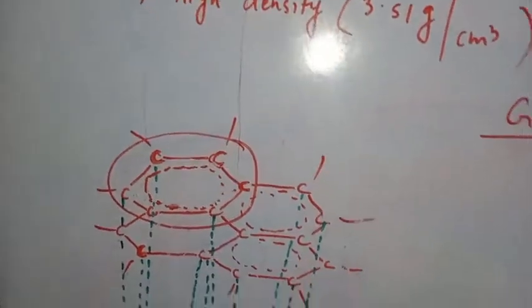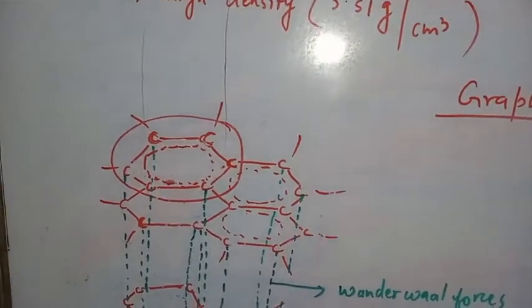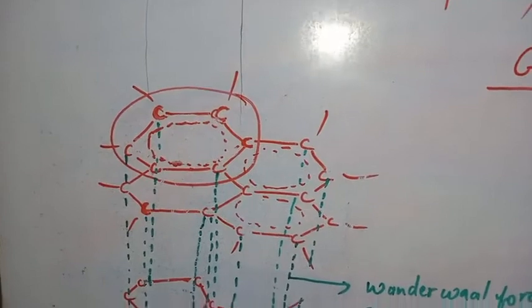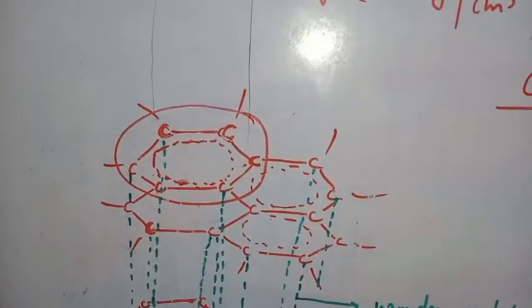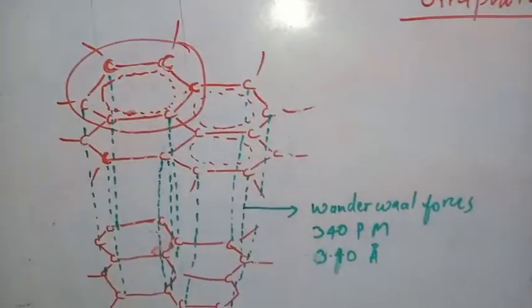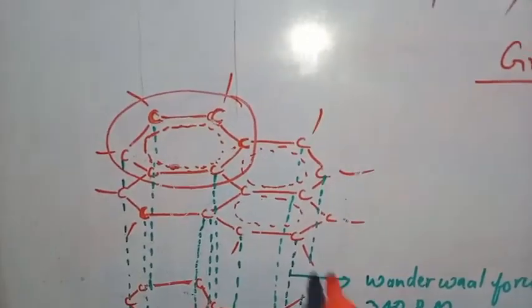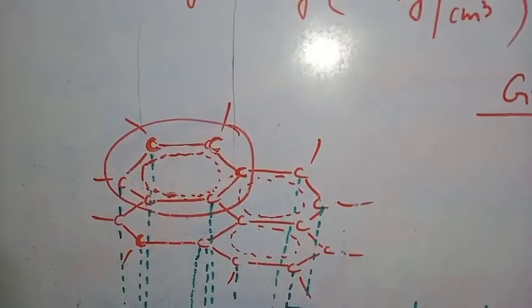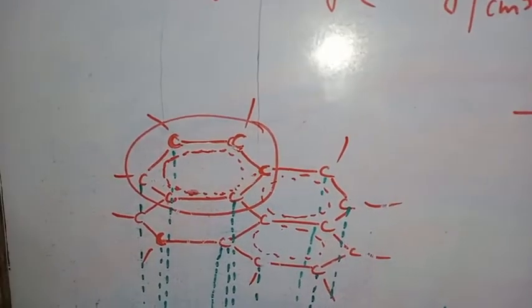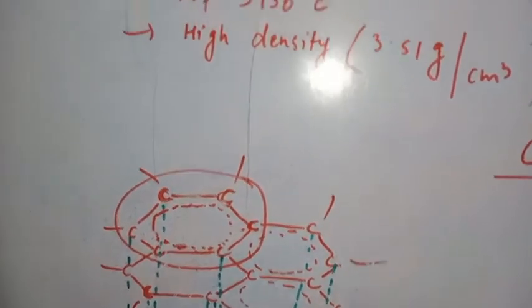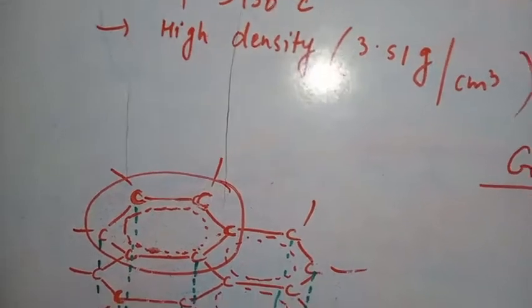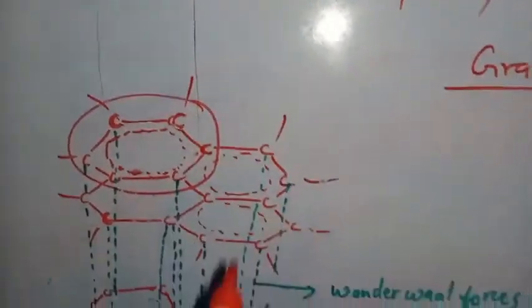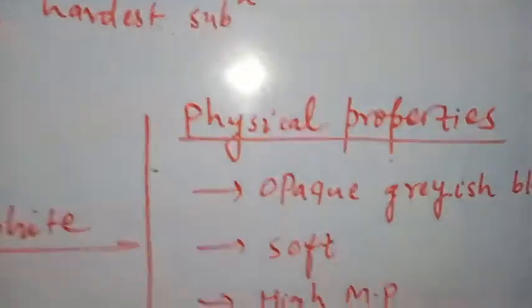The layers of hexagonal rings are one above the other, attached by very weak van der Waals forces of attraction. So one layer can slide over the other, making graphite a very soft material.